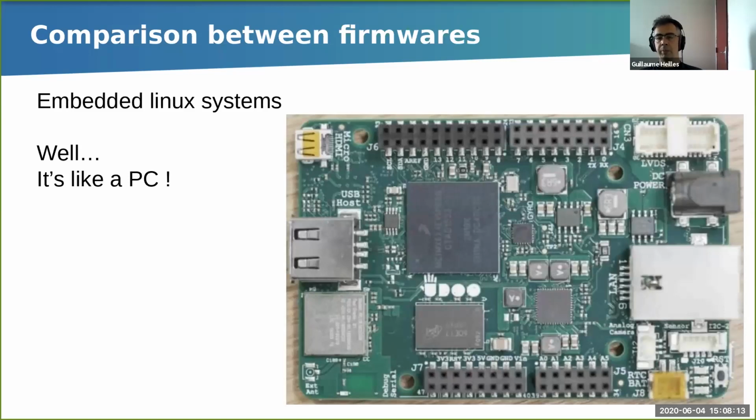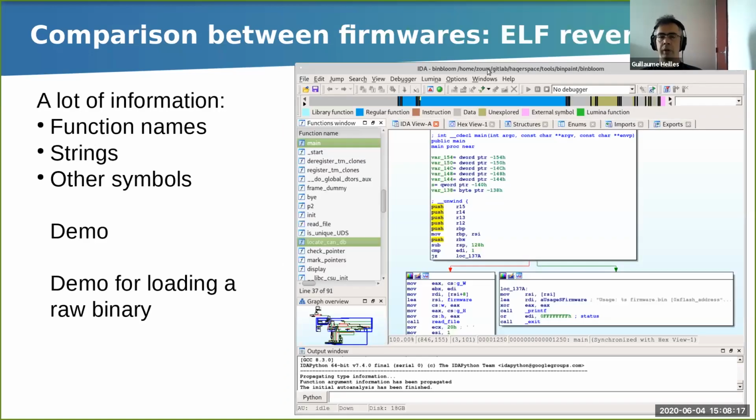So what happens when you want to reverse a program from an embedded Linux system? It is very similar to doing reverse engineering on a PC, because the programs here are in a specific format, which we call the ELF format.